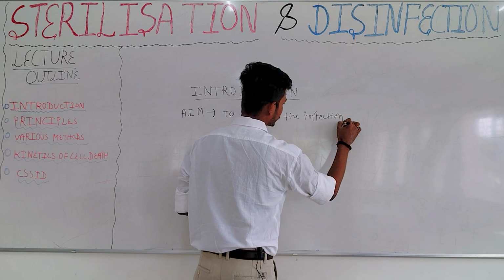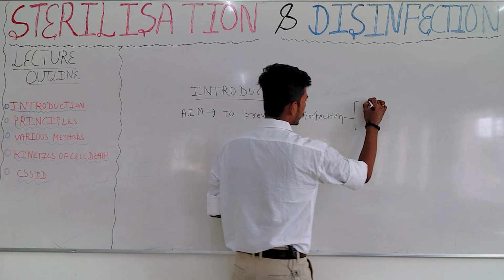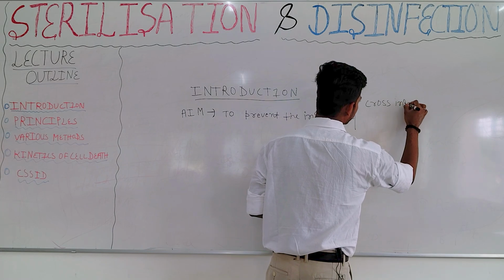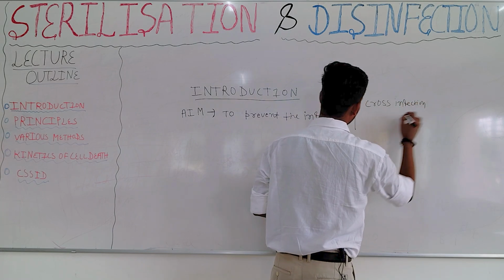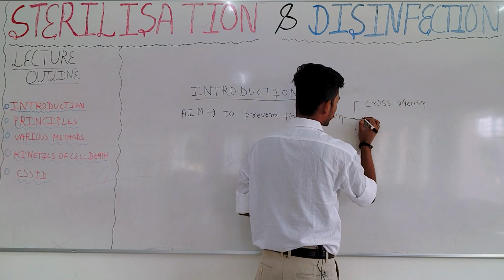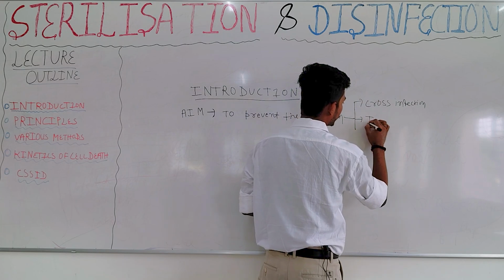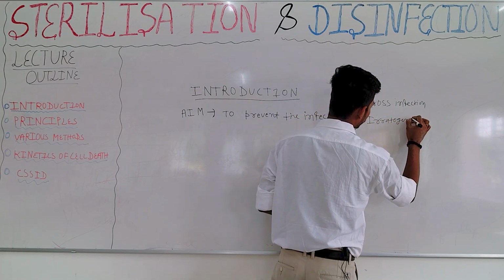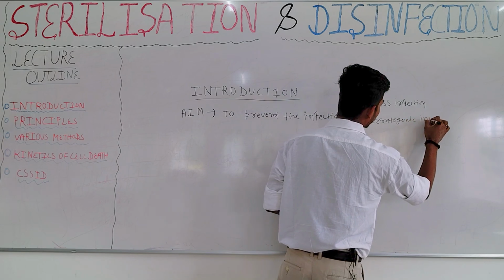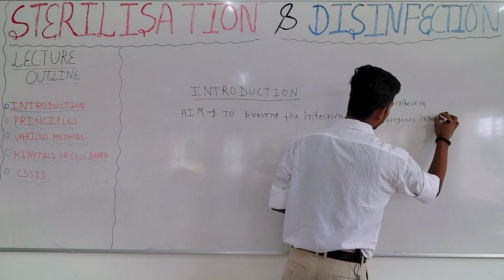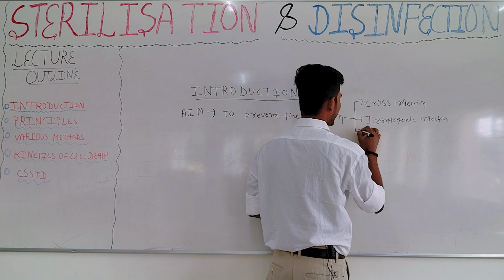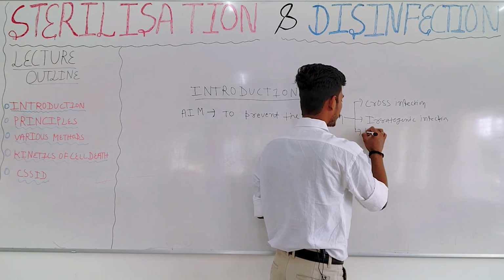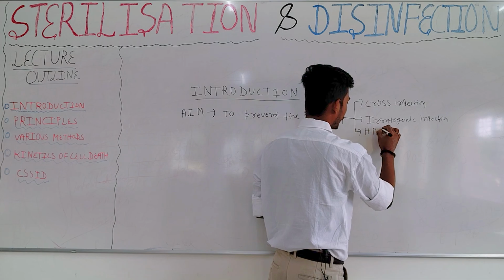Now, these infections, as I said, can be cross infection, it can be iatrogenic infection, or it can be called HAI, healthcare associated infection.